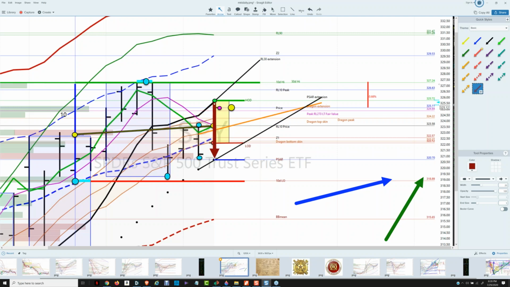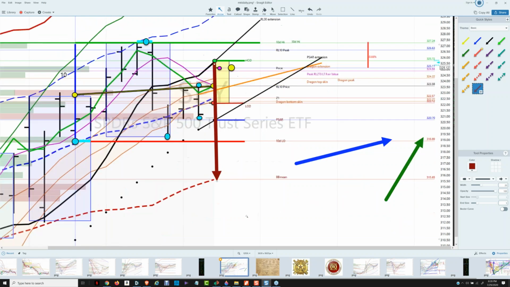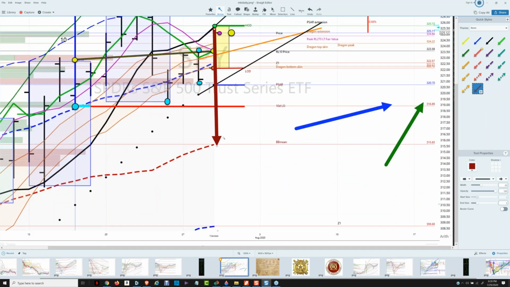Then it's the 10-day low at 318.89, and I'm going to call it 319 even when we realize that this 10-day low is going to jump up to this spot here. If the 10-day low doesn't hold, bad news. Then the next stop is the Bollinger Band mean at 315.65, and then it's Katie bar the door down to Z-1 at 308.68.